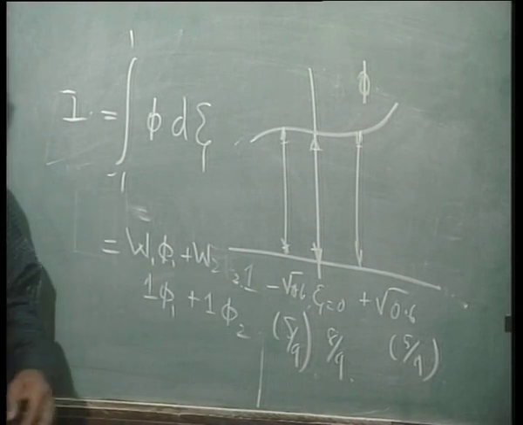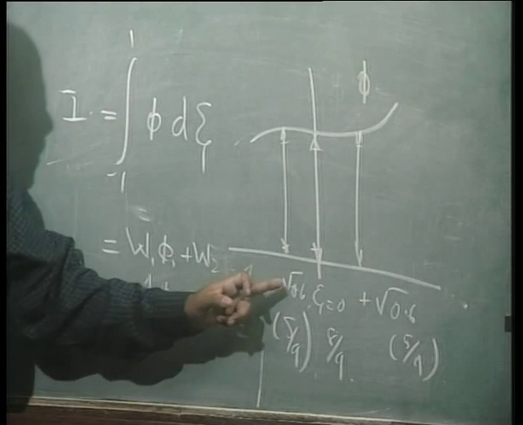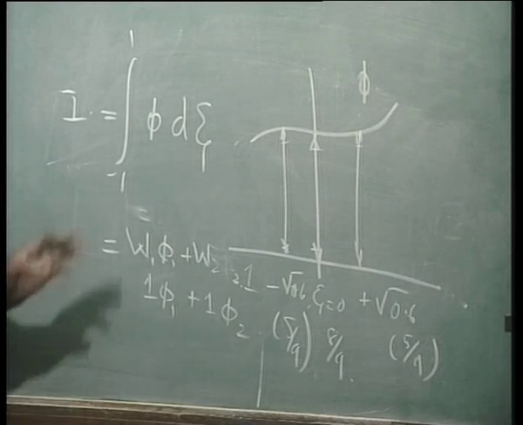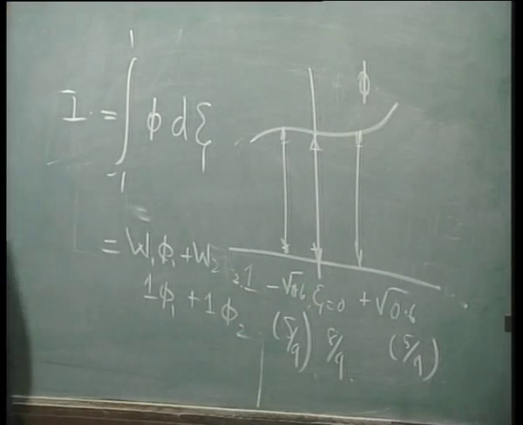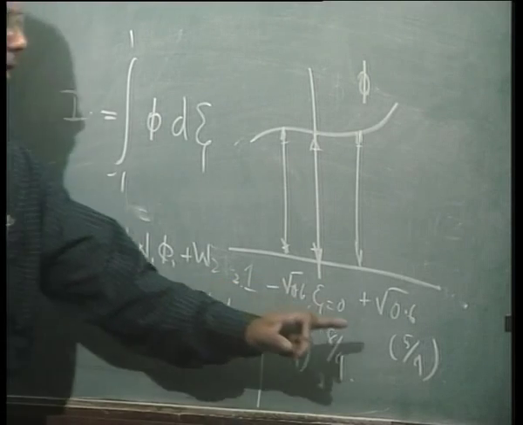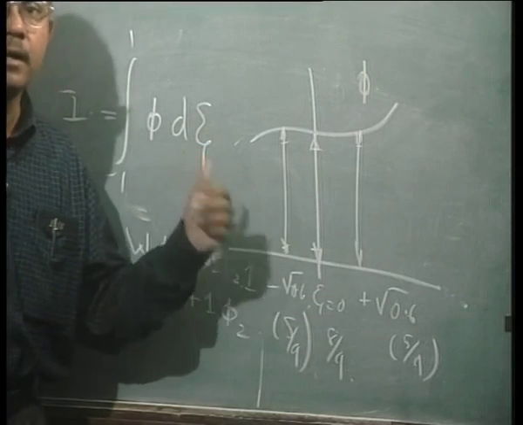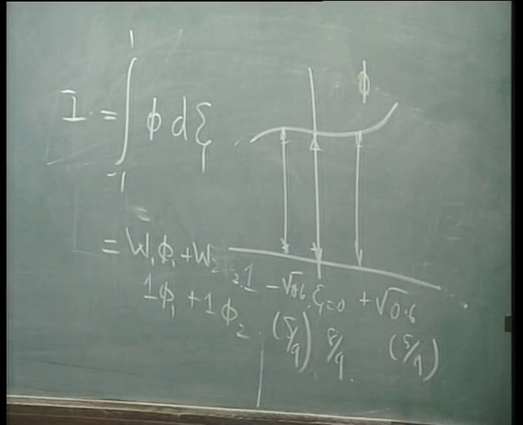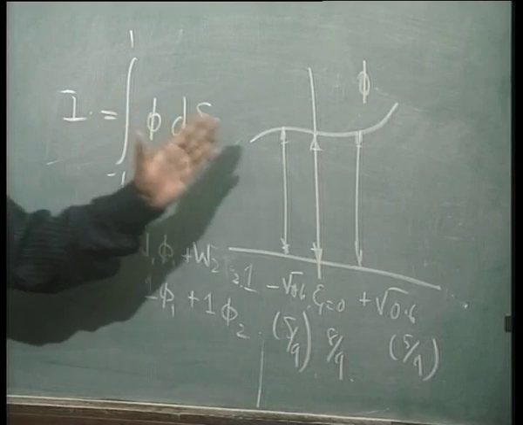Phi1 is the value of phi at minus root of 0.6, plus 8/9 into phi2. Phi2 is the value of phi at psi is equal to 0, plus 5/9 into phi evaluated at root of 0.6. So W1 phi1 plus W2 phi2 plus W3 phi3 is what we get as a 3-point quadrature rule.